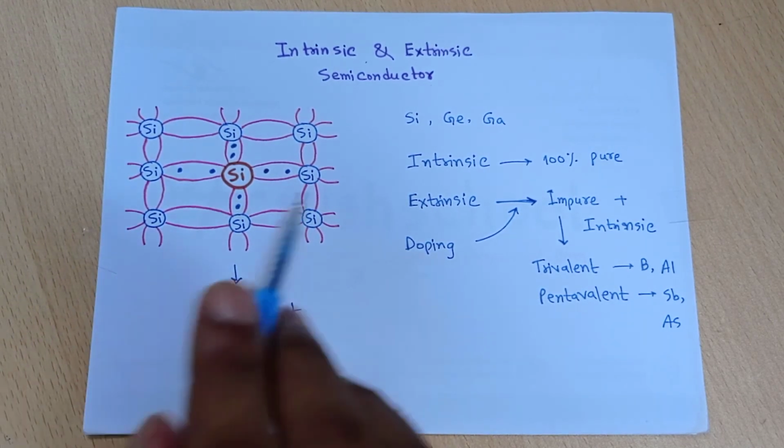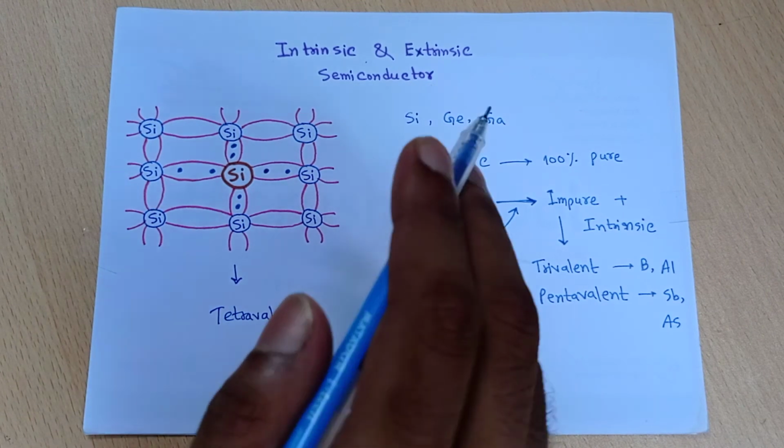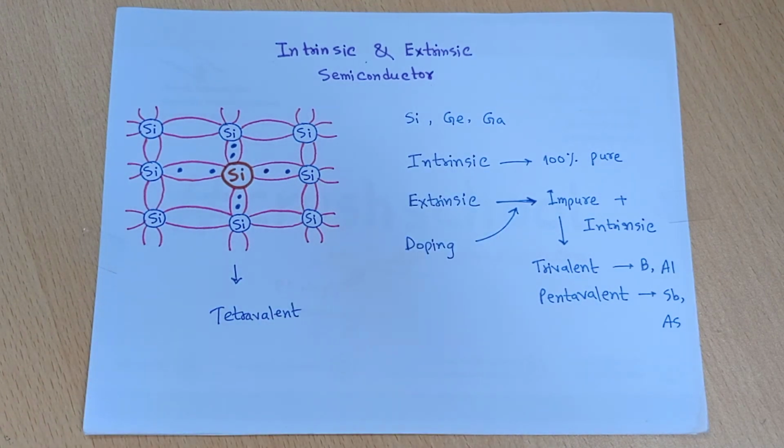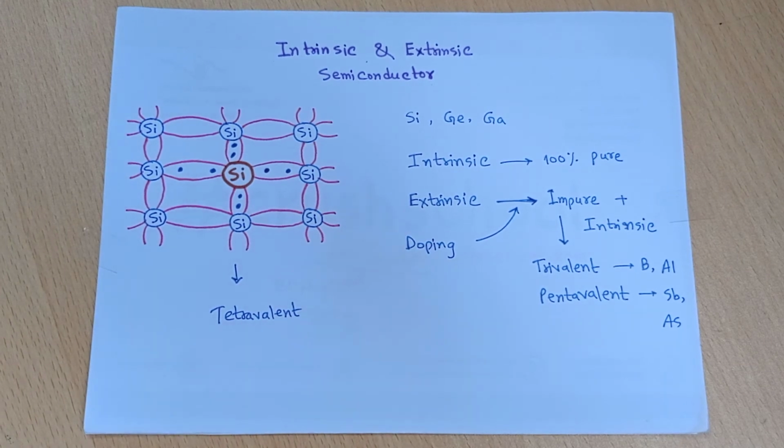So in intrinsic semiconductor we can easily give heat, and also flow the heat, and make the semiconductor a very good conductor.